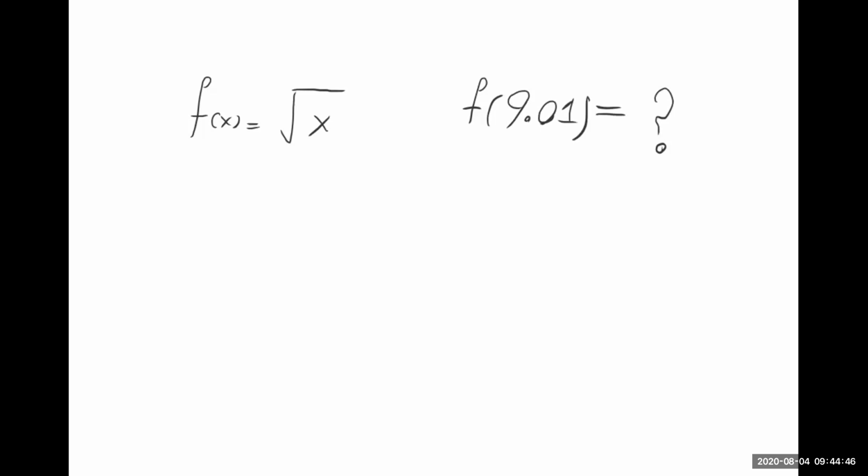So I can't directly compute the square root of 9.01, right? I don't know what that is. But what I know is that 9.01 is very, very close to 9. And I know the square root of 9. It's 3, okay? I can exploit this fact.